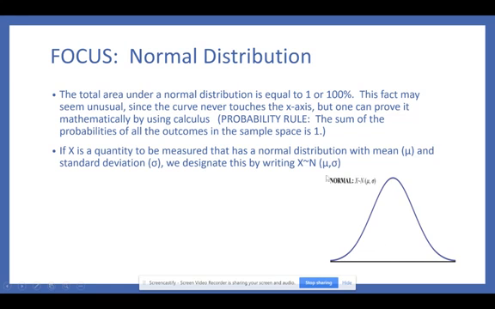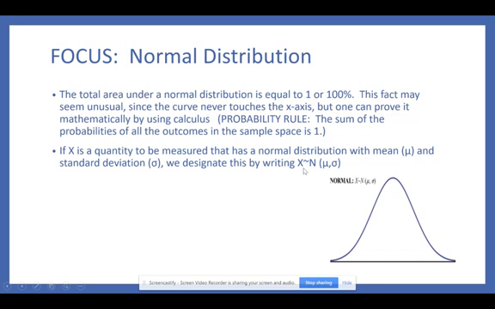There's a special way that you can write the information related to a normal distribution. In word form, it says if X is a quantity to be measured that has a normal distribution with a mean, mu, and standard deviation, sigma, we can write it in a shorthand.